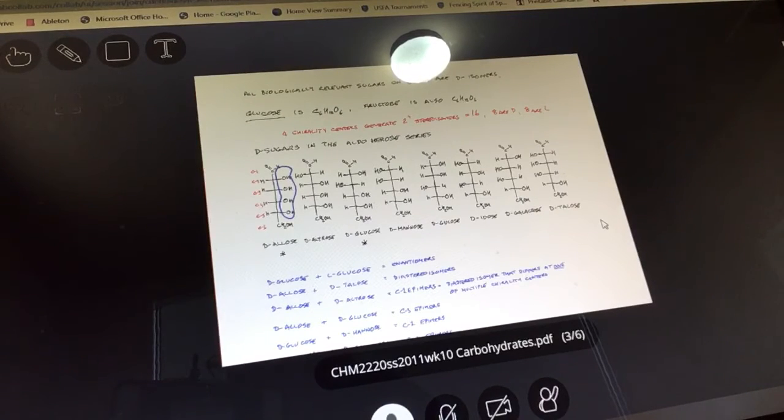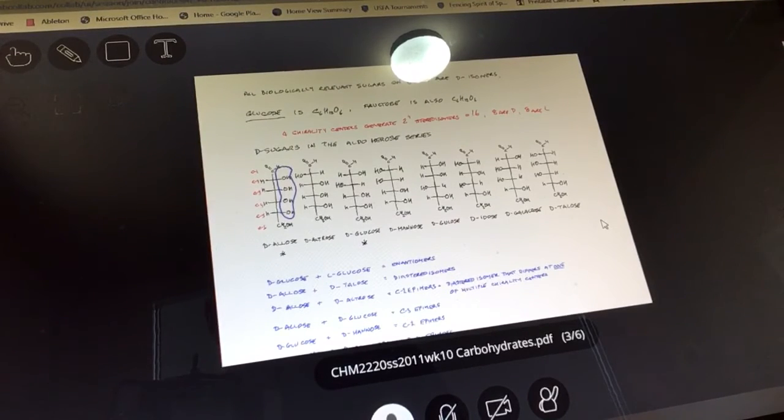It differs from allose at carbon 2. Draw altrose as a Fischer projection, and then it asks you to draw it in a couple of different forms as well. Underneath all of those structures for allose, altrose, glucose, mannose, gulose, idose, and galactose, there's some blue text.